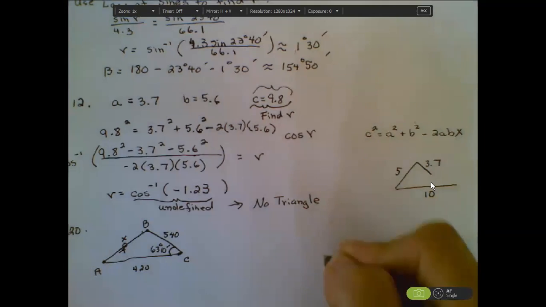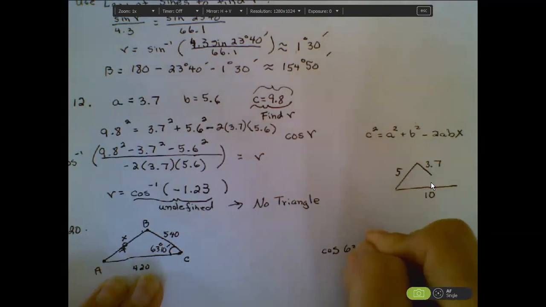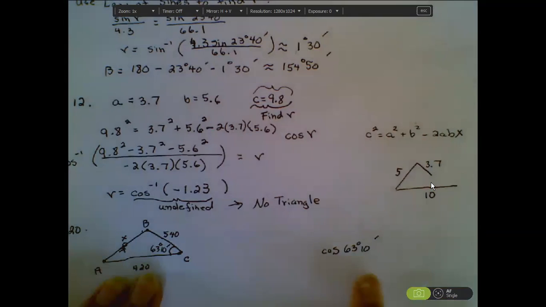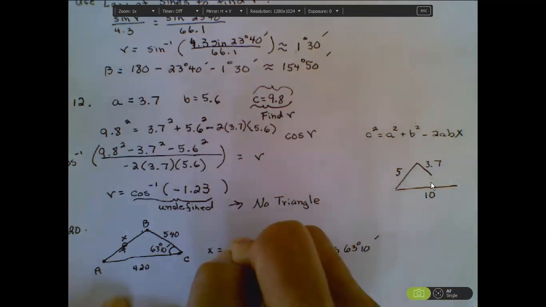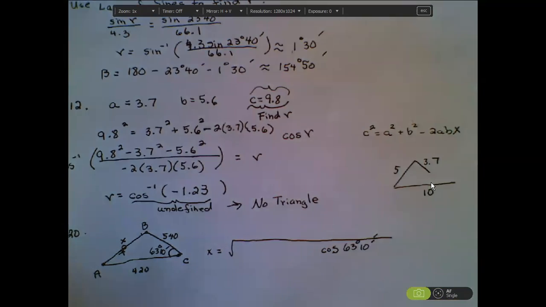If we want cosine of this angle on the right, then on the left, we have to have the square of the side opposite it. And lucky for us, that's what we're looking for. We're looking for X. Instead of writing X squared equals and then taking the square root of both sides, I'm just going to say X equals the square root of the right-hand side of the law of cosines.